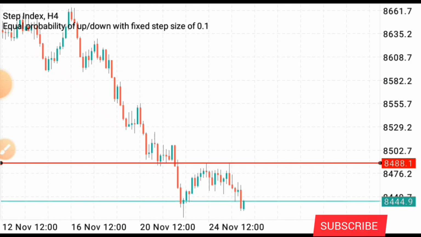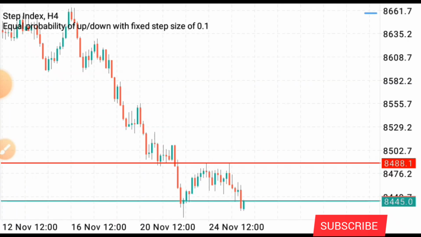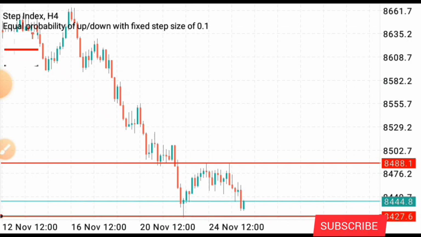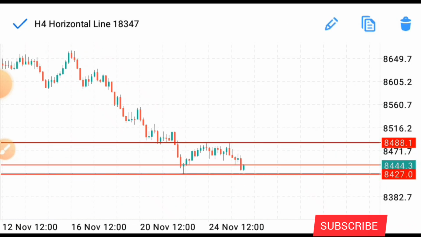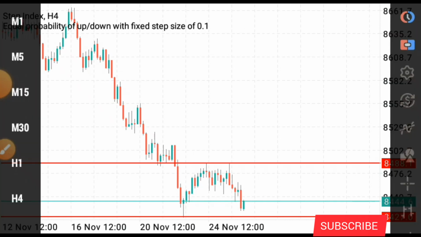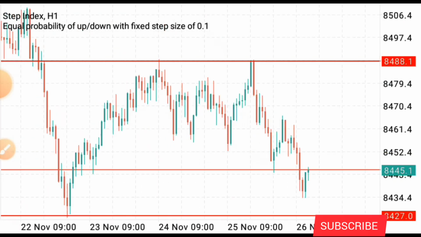There is a support and resistance zone here, and then the next support and resistance zone I can see is this one right here. After identifying it, let me go to the 1 hour time frame and see what's going on there.